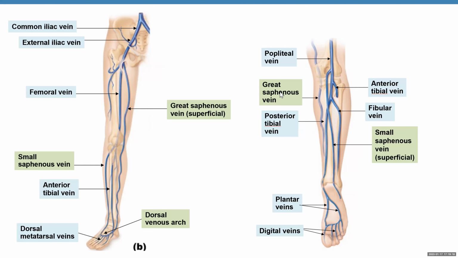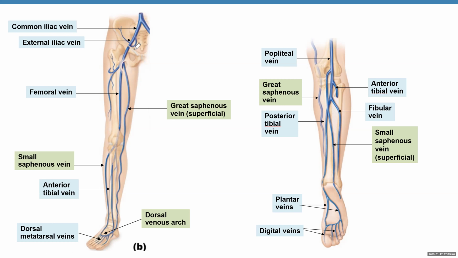So we pick up that blood from dorsal metatarsal vein, anterior tibial, digital veins, plantar veins, posterior tibial, fibula veins, everything in the popliteal vein. Then popliteal vein becomes femoral, external iliac, and common iliac. And over here, we even have internal iliac vein.